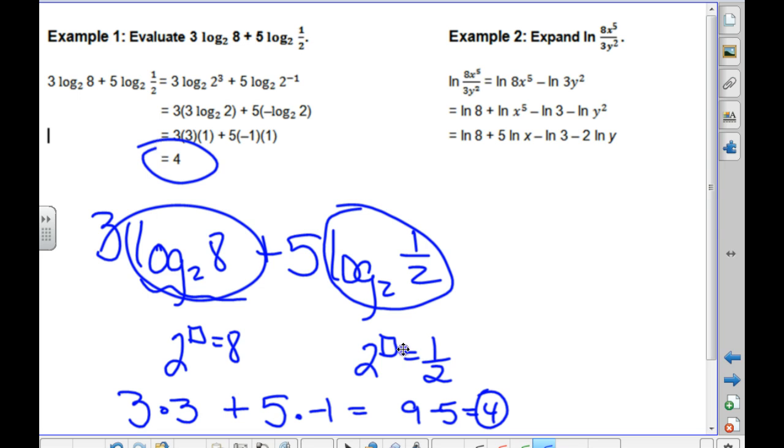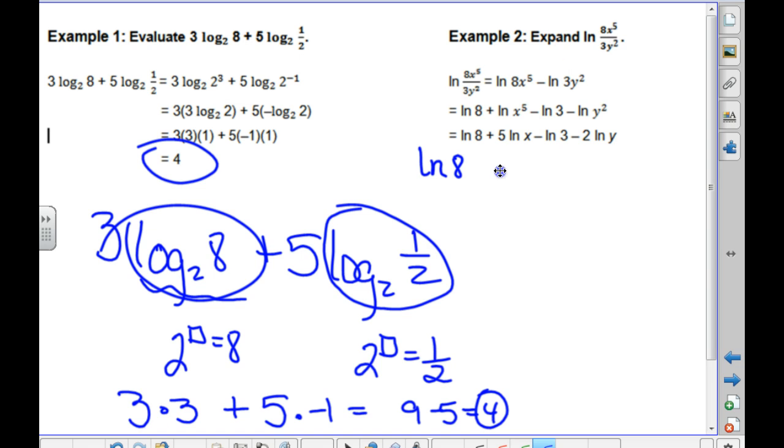All right, this kind of problem is what we are going to have a lot of actually on that quiz as well, because you don't need a calculator to do this. You're just expanding. All right, we're going to break this all apart. There's some multiplication going on, so we could have ln 8.